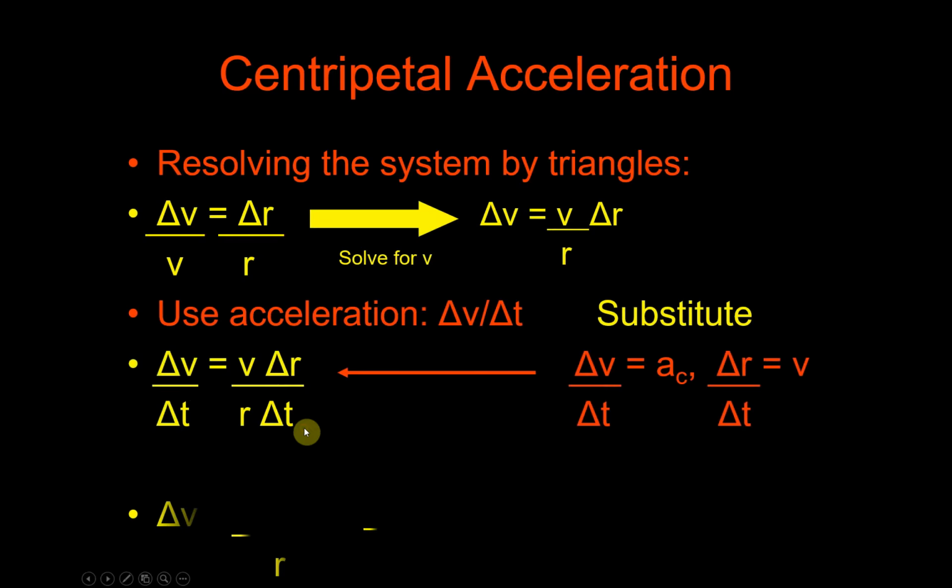Put it into here, and what we'll end up with is this useful relationship: that centripetal acceleration, the acceleration towards the center of the circle, a_c I tend to call it, so we're not mixed up with a tangential acceleration or a translational acceleration, is equal to v squared over r.